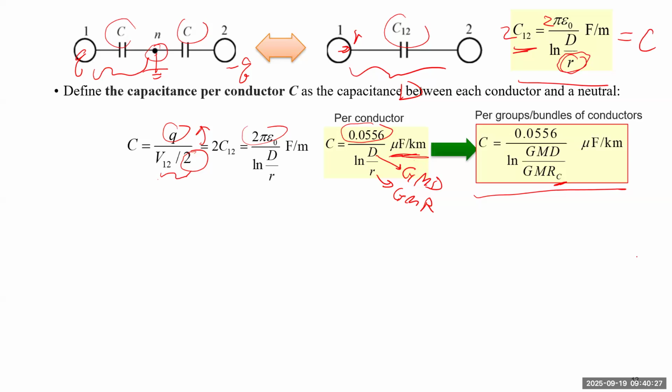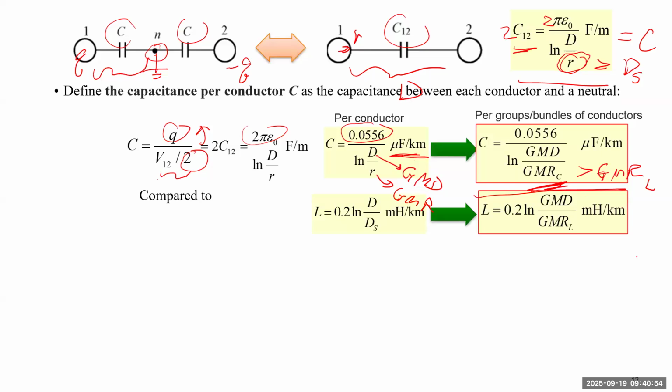It's not the DS. For inductance, we use DS. DS is slightly smaller than R, about 0.78 times R. Okay, which means this GMR will be slightly bigger than GMRL for inductance.